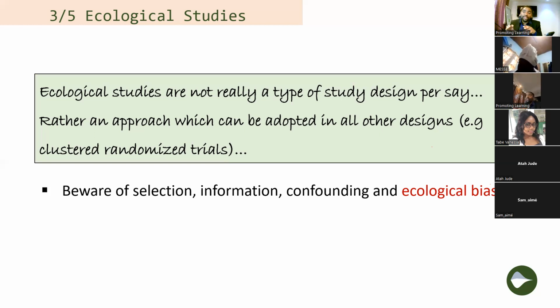At the level of cities, you might have an association, but that association shouldn't be translated onto individuals living in this area. That's what they call ecological bias, because what you observe when you're considering bulks or chunks of people might not be the same thing you observe when considering individuals.